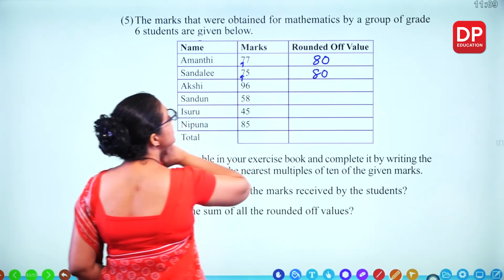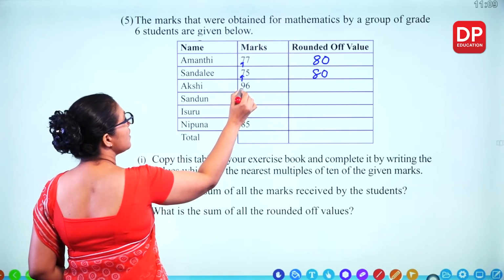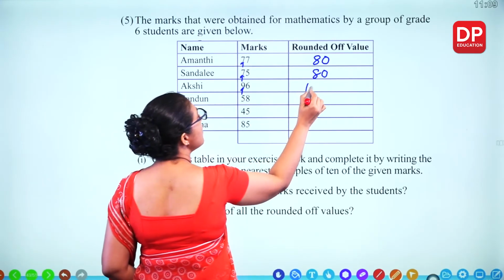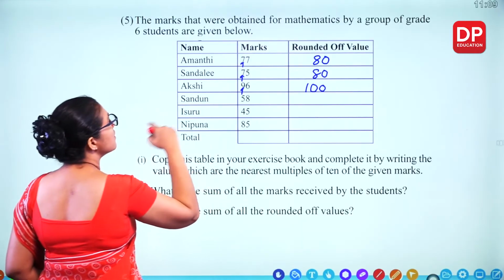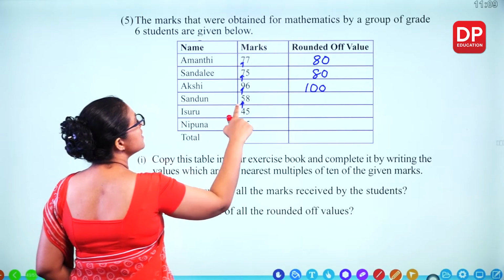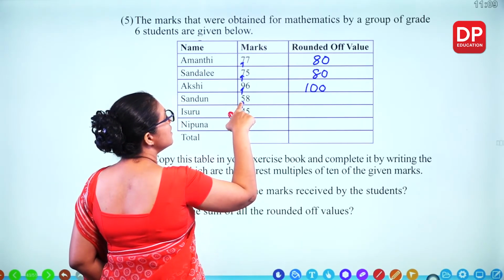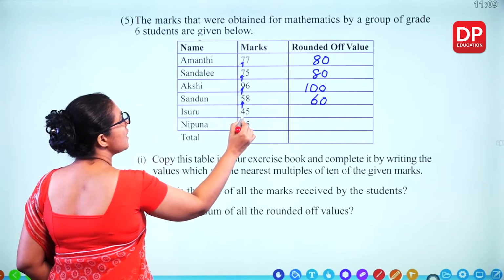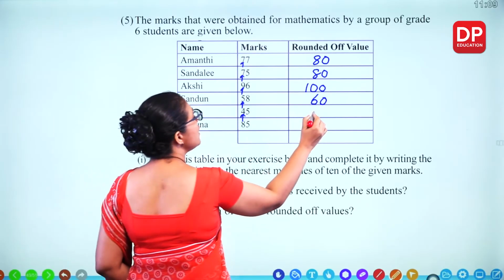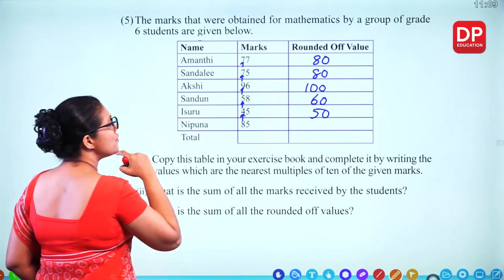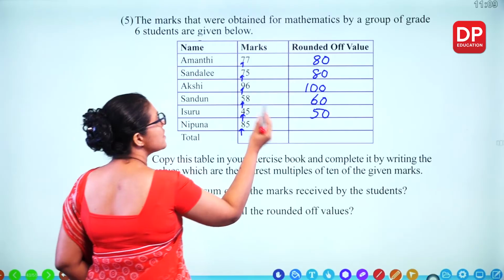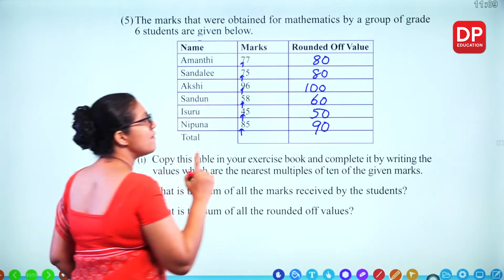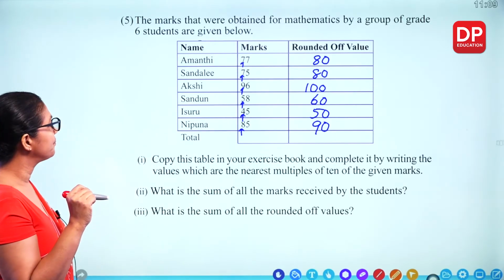That becomes 80. 96, yes, you have to add 1, that becomes 100. 58, rounded, then you need to add 1. That becomes 60. Here also 5 is there, so you need to add 1. This becomes 50. 85 becomes 90 because of 5, you need to add 1.